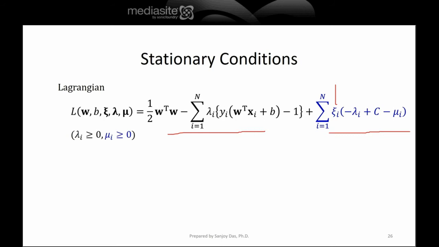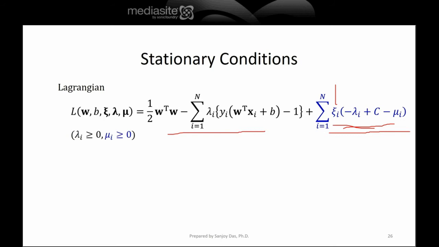And therefore, the treatment of the stationary conditions and subsequent derivations remain the same as that of the hard margin SVM. We shall only focus on the additions due to the presence of this term zeta i times negative lambda i plus C minus mu i.